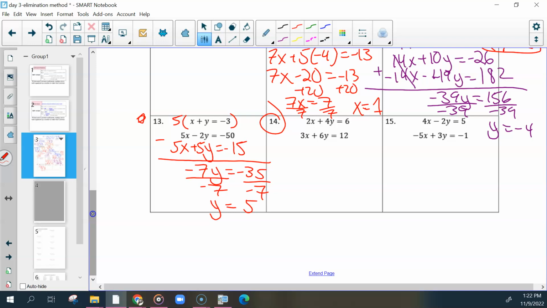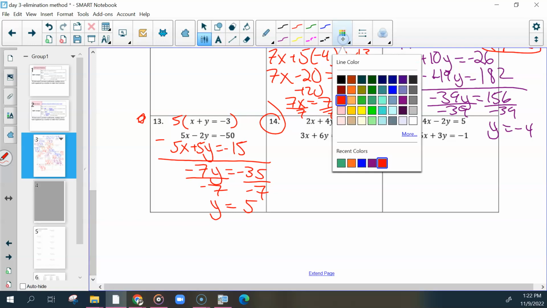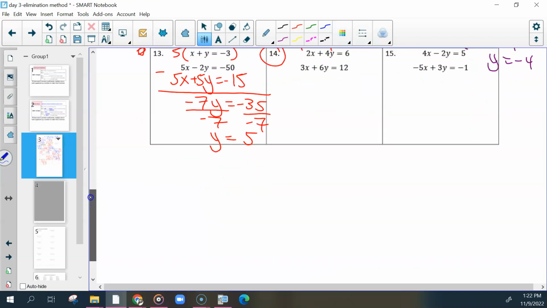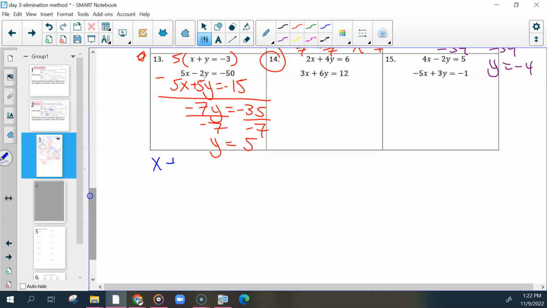Where? Either one. I would say do the first one because it would be less work, less solving. So x plus 5 equals negative 3. So then we have our final answer, negative 8, 5.